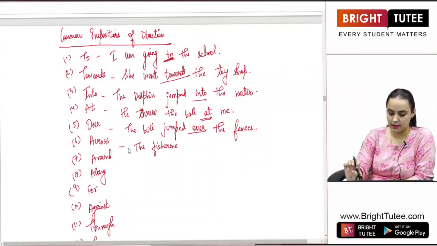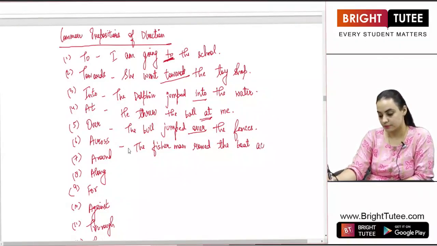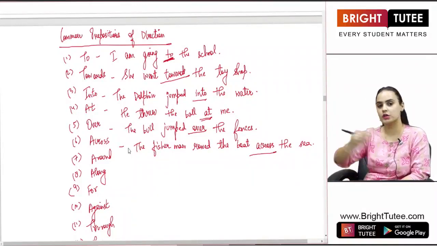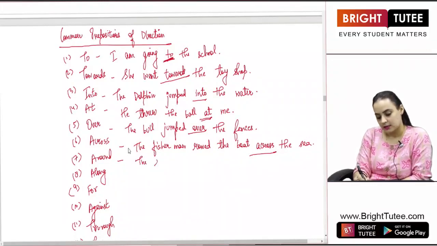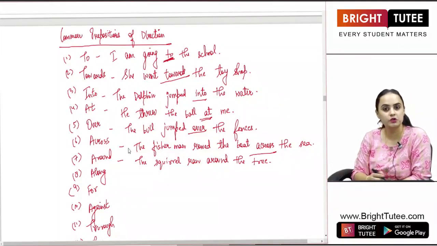The fisherman rowed the boat across the sea. So in which direction did the fisherman go with his boat? Across the sea. If I say around, the squirrel ran around the tree. So in which direction did the squirrel run? Around the tree.